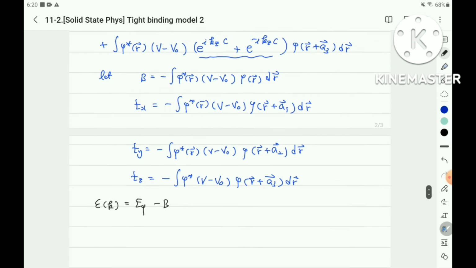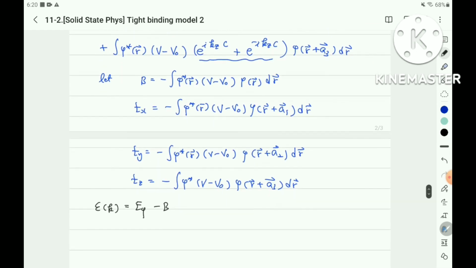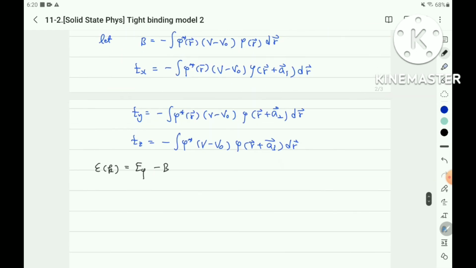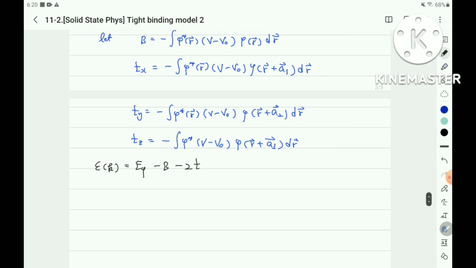It is a free parameter, and the exponential term is minus 2 tx cosine kx a.